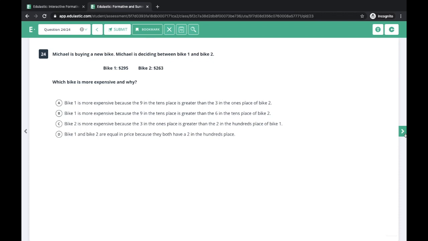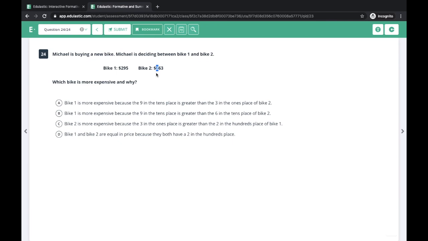So first, before we even look at our answer choices, let's compare our two numbers. When we're comparing numbers, we always start in our biggest place. Both numbers have 100. So let's start in our hundreds place. In 295, we see 200s, and in 263, we see 200s.